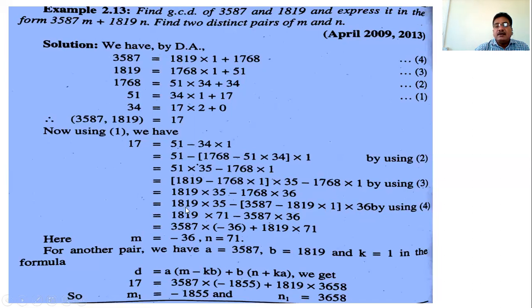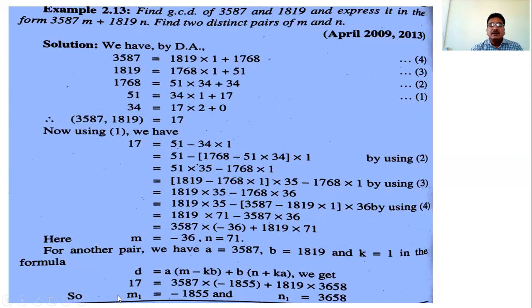Then 1819 into 35 plus 1819 into 36 becomes 1819 into 71, minus 3587 into 36. Write it in the form: 3587 into minus 36 plus 1819 into 71. Therefore m becomes minus 36 and n is 71. These are the two values of m and n.